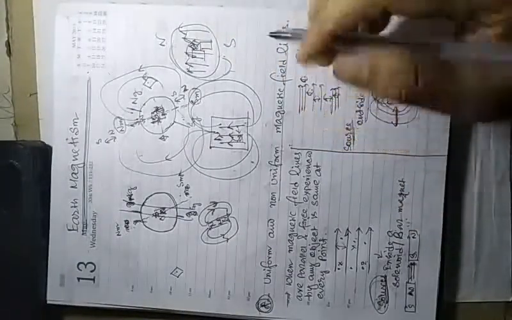When this happens and you put a bar magnet, what effect will happen? Understand what I am saying? Earth itself is a magnet.